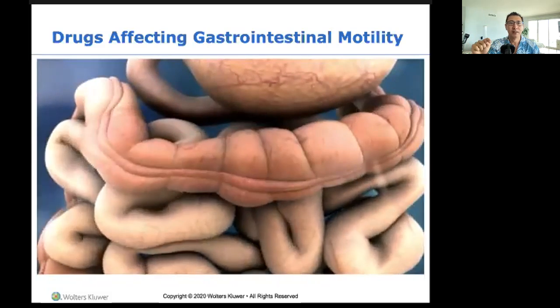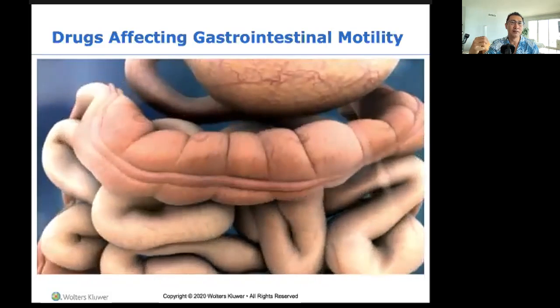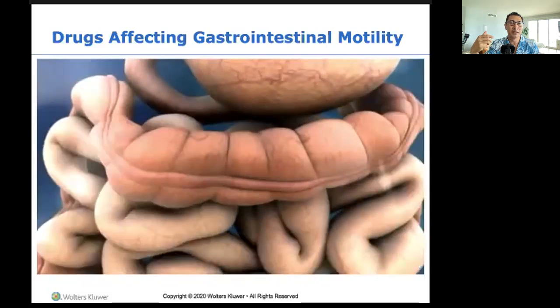If not, it's going to get backed up, clogged. And when I start talking about clogs, it's bowel obstruction. How can we fix bowel obstruction? Surgery. We have to open you up.